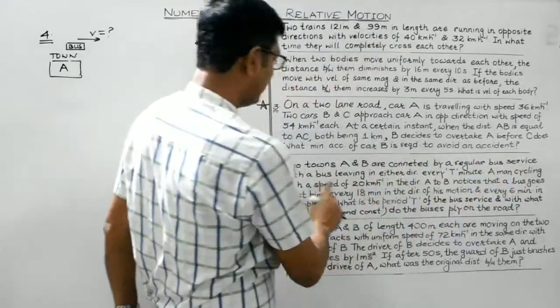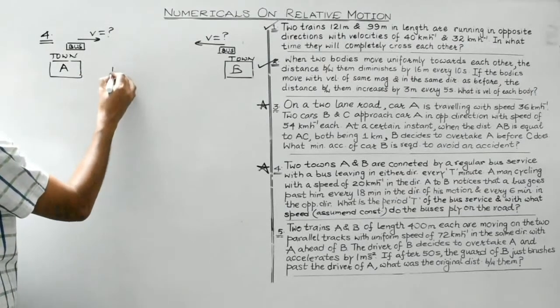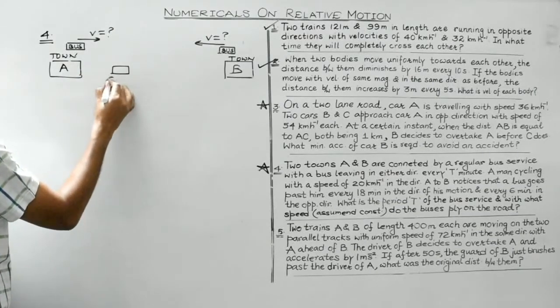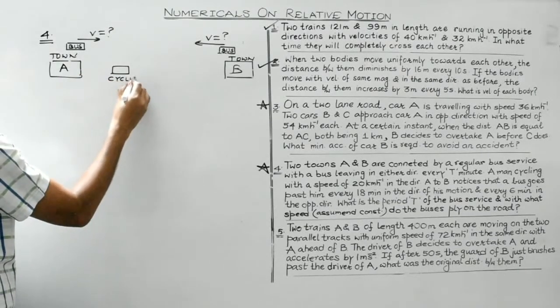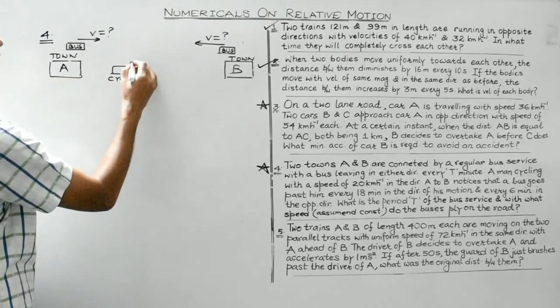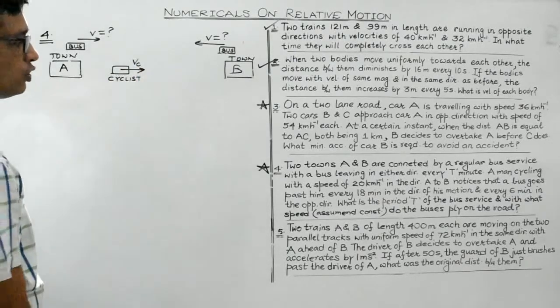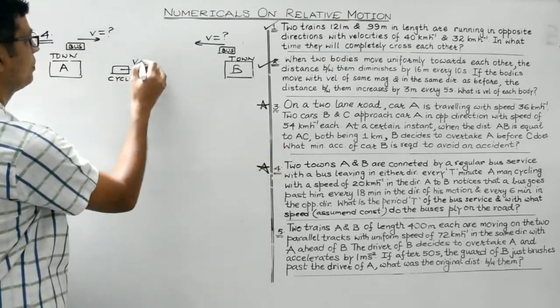a man cycling with a speed of 20 km per hour in the direction from A to B. This is a cyclist. He is traveling from A to B. Suppose BC, and it is given to be 20 km per hour.